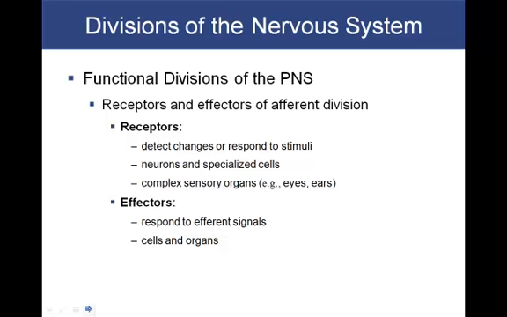When we consider the afferent division, we can identify structures as being either receptors or effectors. Receptors are the specialized nervous system components that detect changes or respond to stimuli. And just to give some examples, the eyes detect changes in light, while the ears will detect changes in sound vibrations.